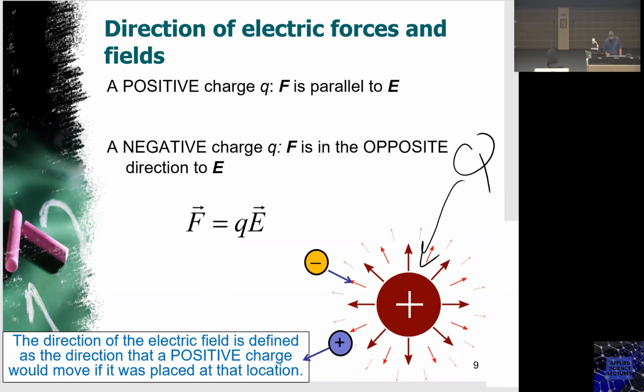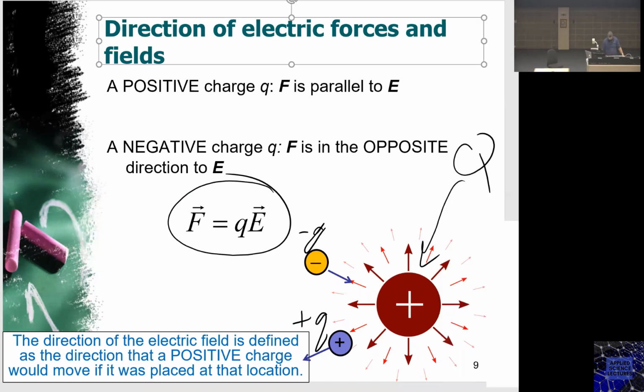And those two are my small letter q's. You can see that here it's negative and here it's positive. So how is that going to affect my electric force? Well, based on this expression, this small letter q is the one that determines the direction of the electric force if I know the direction of the electric field.